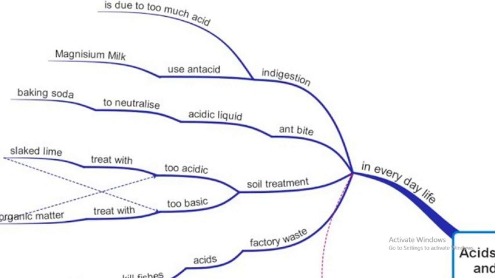Antacids neutralize this excess amount of acid produced in the body. They contain mild bases like magnesium hydroxide, which neutralize the excess acid produced in the stomach, so that we get cured of that burning sensation.